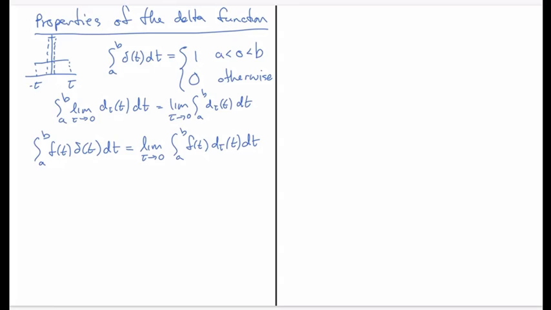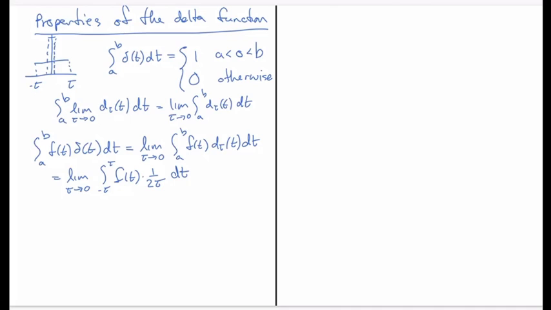Now remember that d tau of t had that Heaviside cutoff at minus tau and at tau. So this really is the limit as tau goes to 0 of the integral from minus tau to tau of f of t, and then d tau on that interval was just 1 over 2 tau, dt.